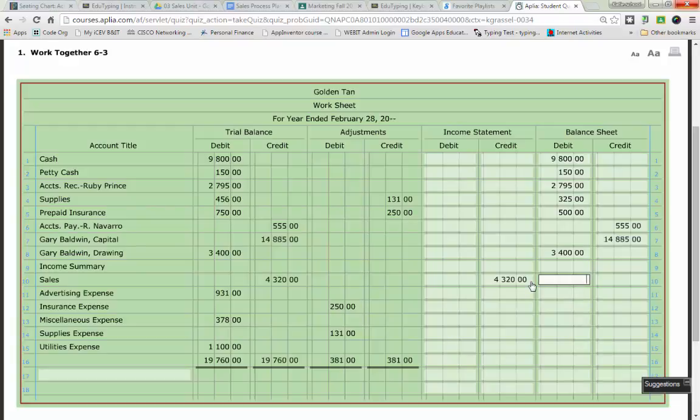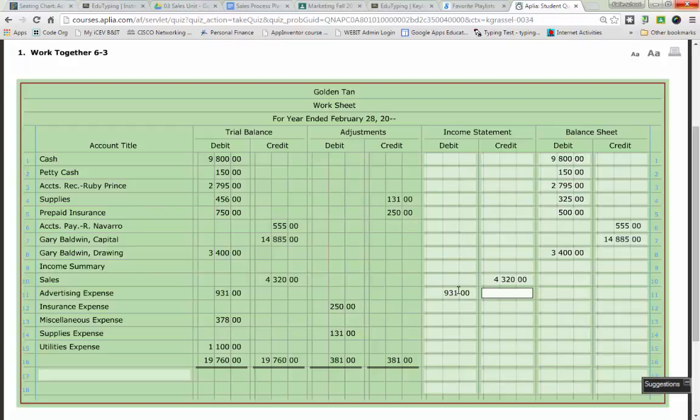Advertising expense. Classification. Asset, liability, owner's equity, revenue, or expense? Expense. And expenses go where, Dalton? Yes. You were one question ahead of me. So I'm going to put 931 on income statement as a debit.